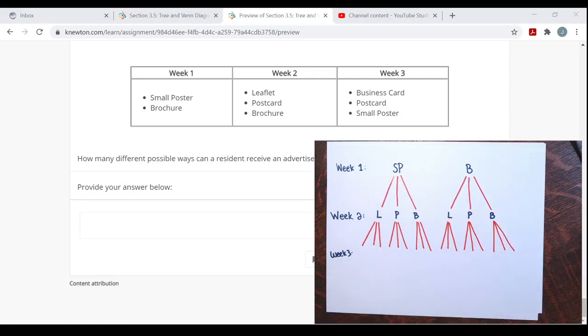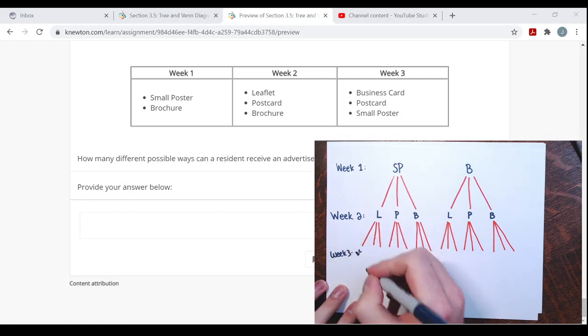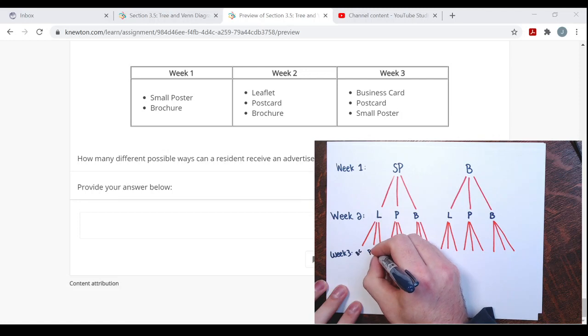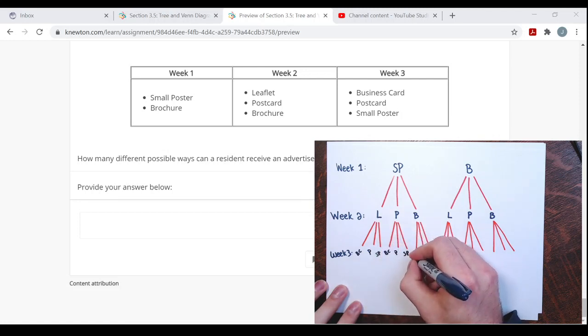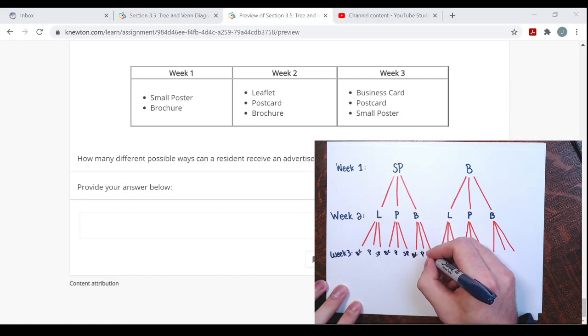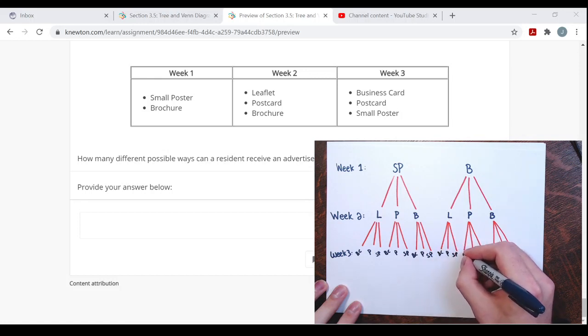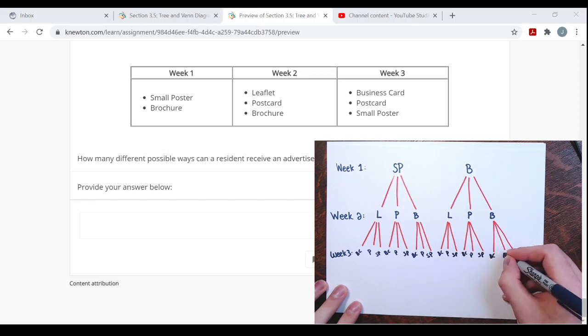And then every single one of these branches, in week 3 they're giving away a business card, BC, or a postcard, P, or a small poster, SP. Business card, postcard, small poster, and so on for each branch.